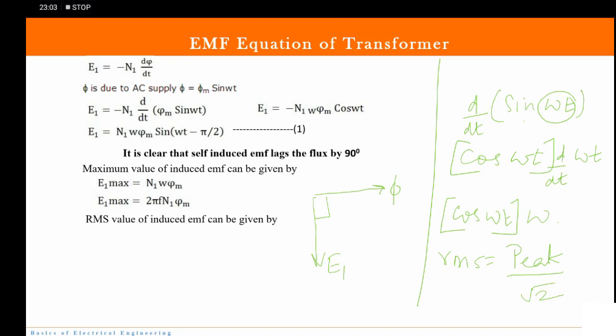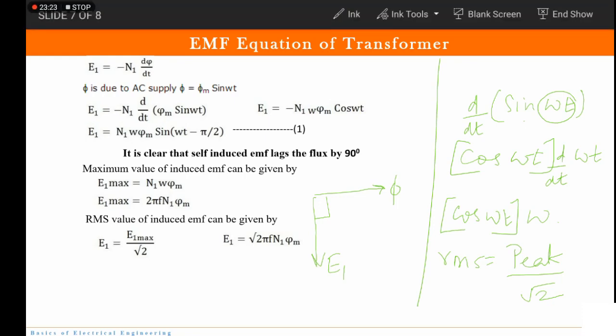So E1 is equal to E1 max by root 2, and we will divide this equation by root 2.